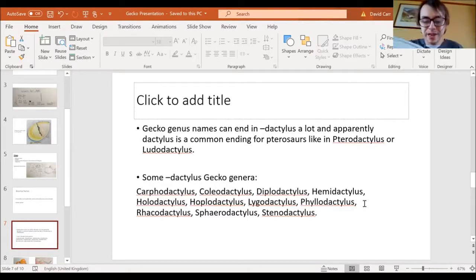Anyway, I'm talking about leaf-toed geckos, so I can look that up and see if the European leaf-toed gecko is in that genus. No, in this book it's not classified in that genus, so that's interesting. But I think I'll just check to make sure, but I'm sure. Well, I'll just check.